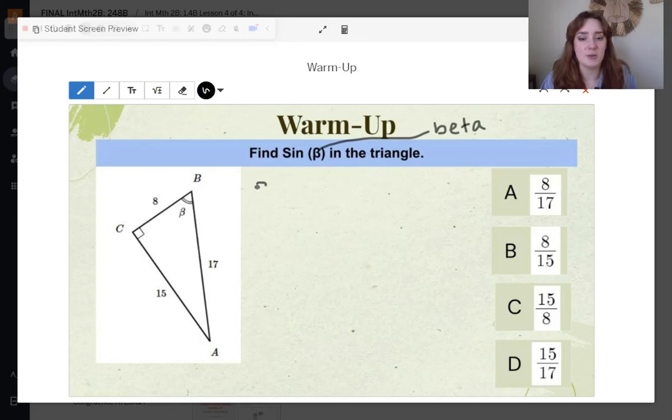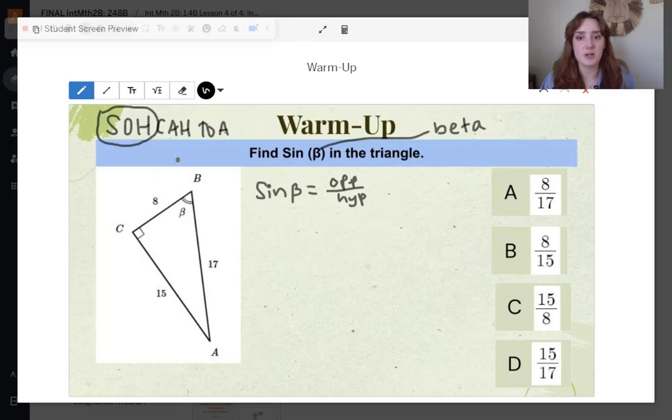So sine of beta, what is our ratio going to be? Sine is SOHCAHTOA. We're asked to find the trig ratio. Because the sine, so opposite over hypotenuse, is what we're going to be looking for. We're always going to start with annotating our figure before we dive in.